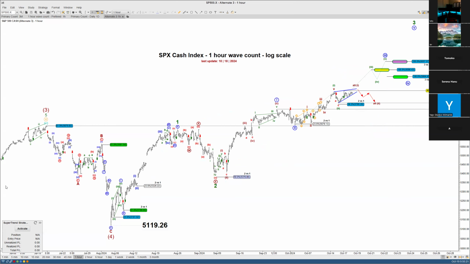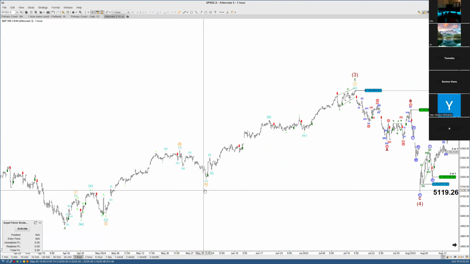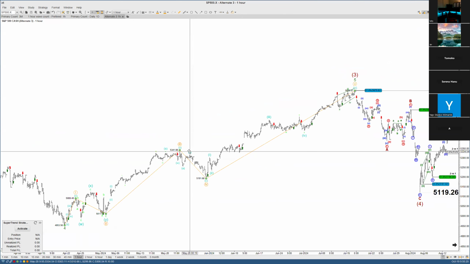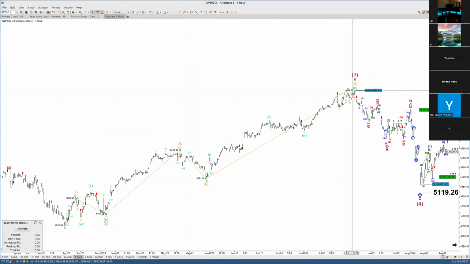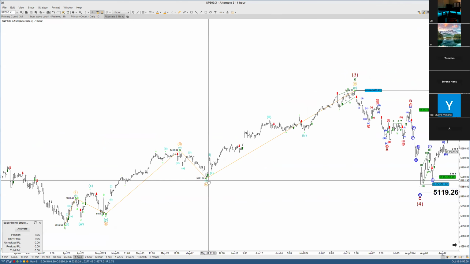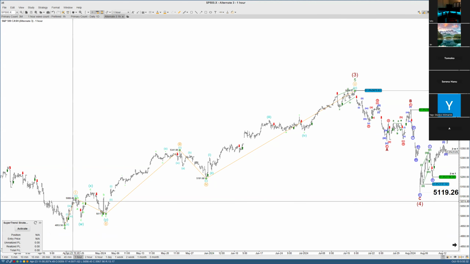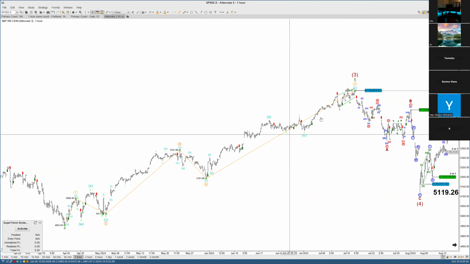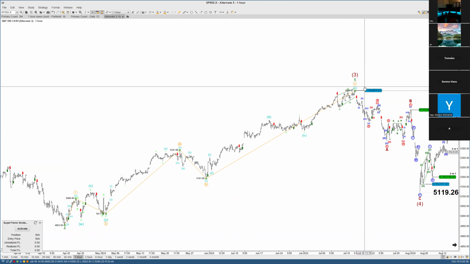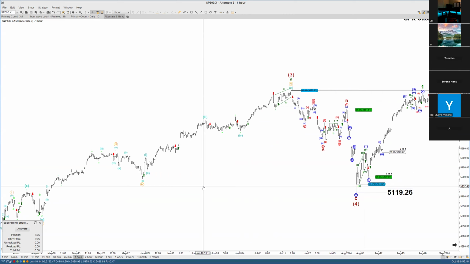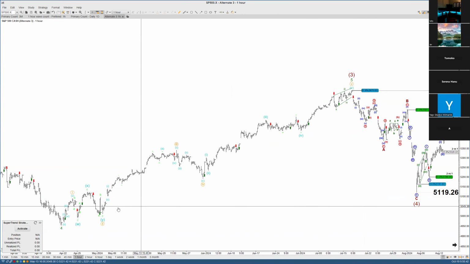It's the same thing here. All these ones right there: 1, 2, 3, 4, 5. So this is where you have a way shorter one. You have an extended fifth wave. It happens. It's totally fine.